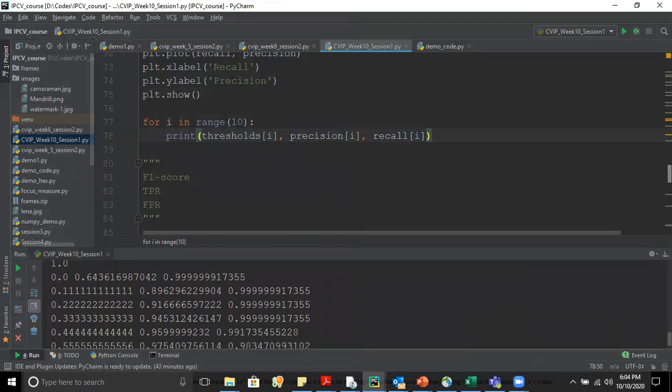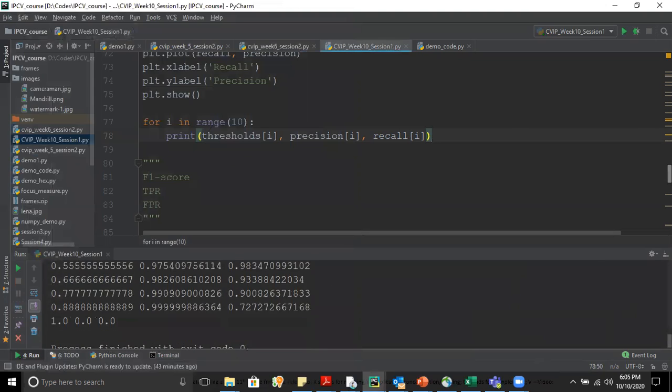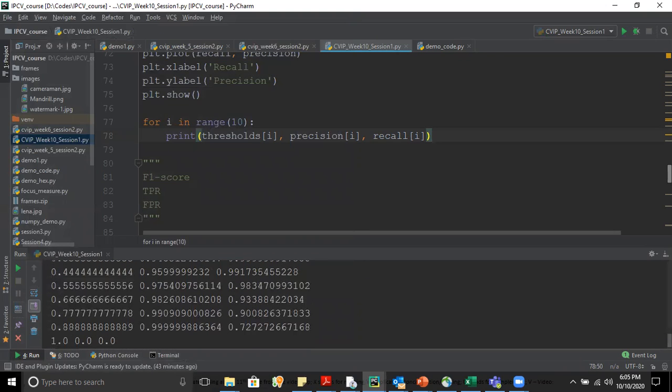See this, ma'am, for 0 threshold you have a precision of 0.64 and a recall of 0.99. At some point, both of them need to be at a maximum, and you should be able to pick up that point.